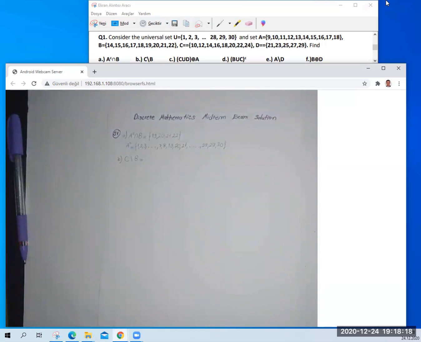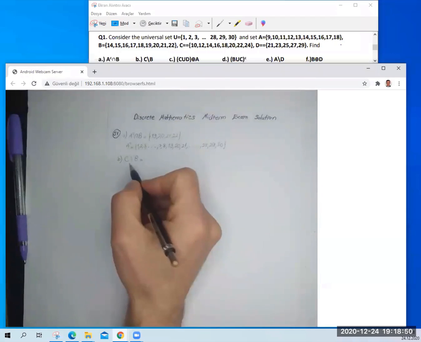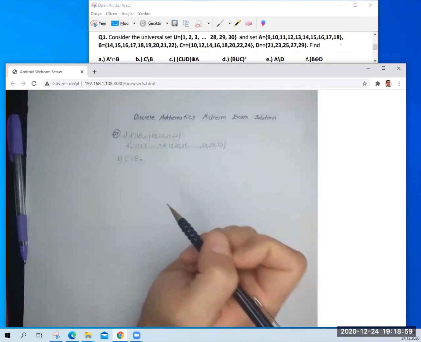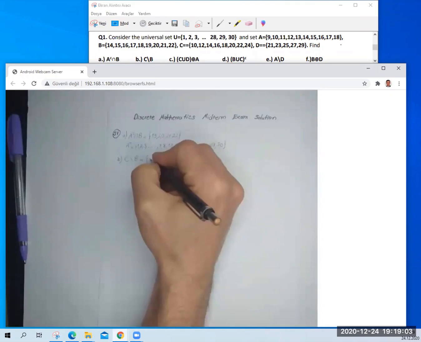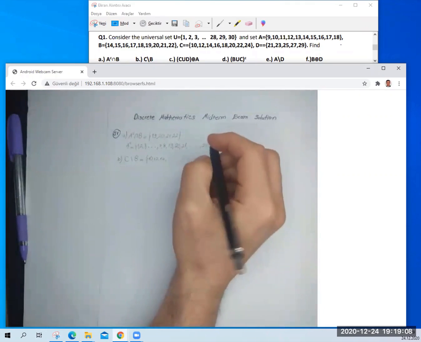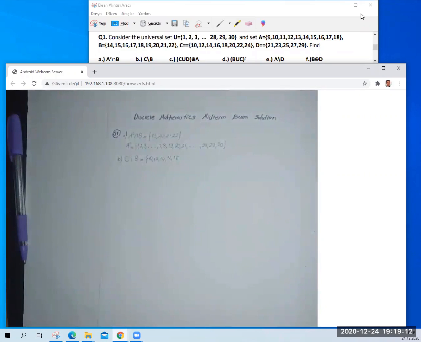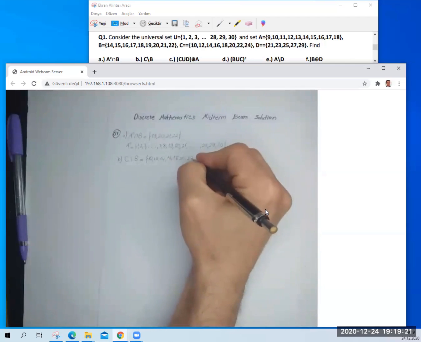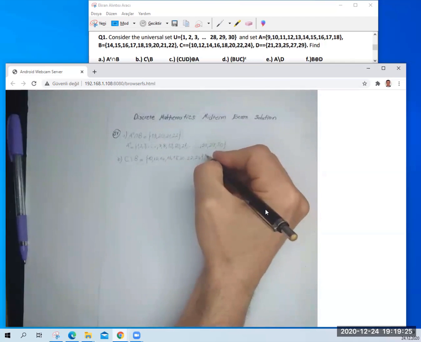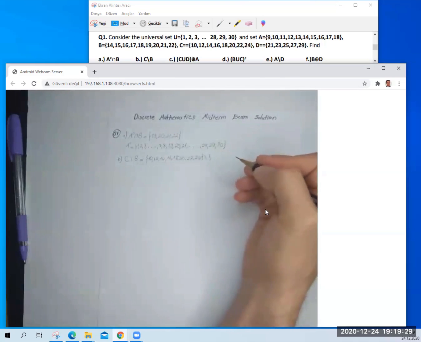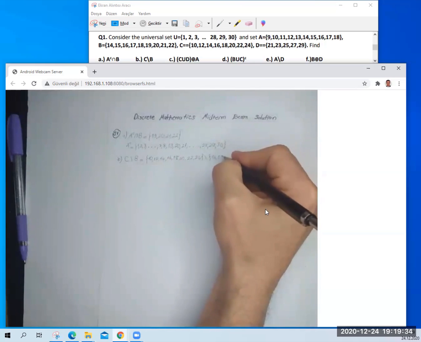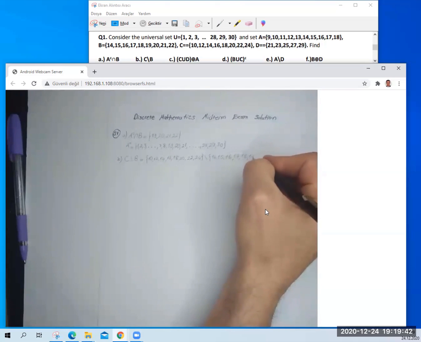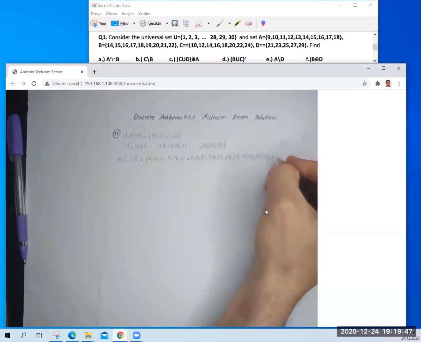C difference B, or we can say C minus B. Okay, let's write the set C: 10, 12, 14, 16, 18, 20, 22, 24, minus set B. What I have in set B is 14, 15, 16, 17, 18, 19, 20, 21, 22.